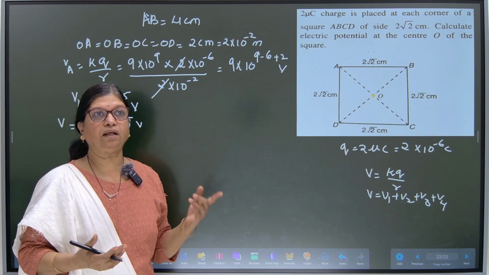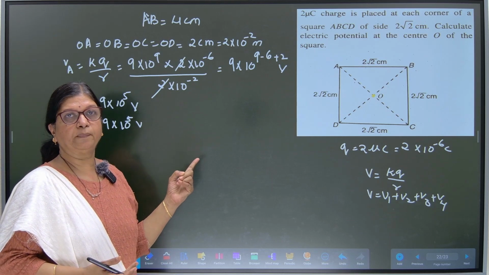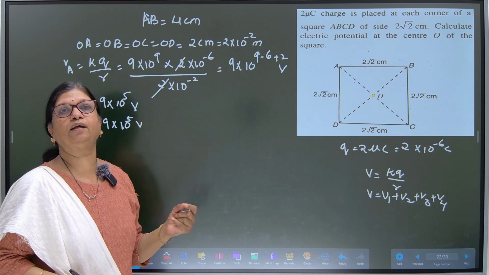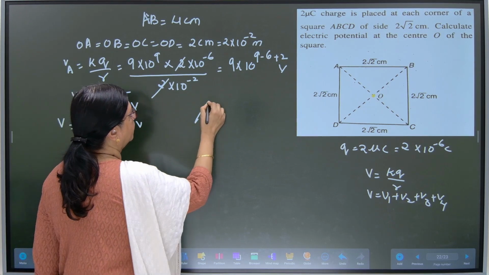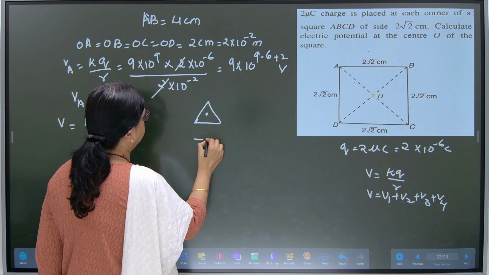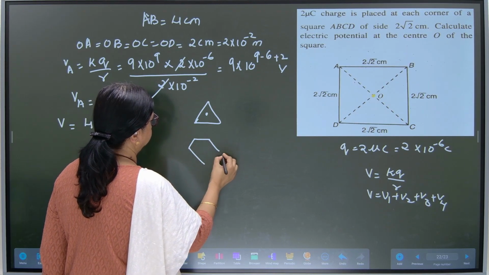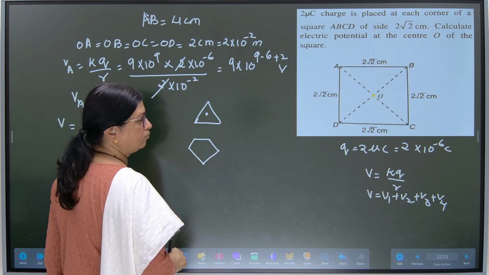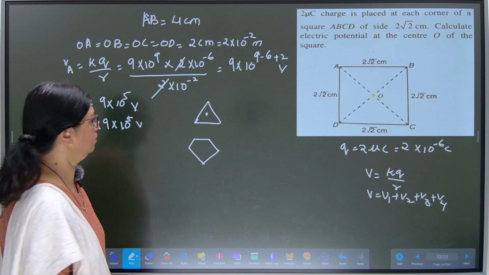If it is a triangle, multiply here by 3, because for an equilateral triangle also, the centroid is equidistant. For a pentagon also it would be the same, a regular pentagon.